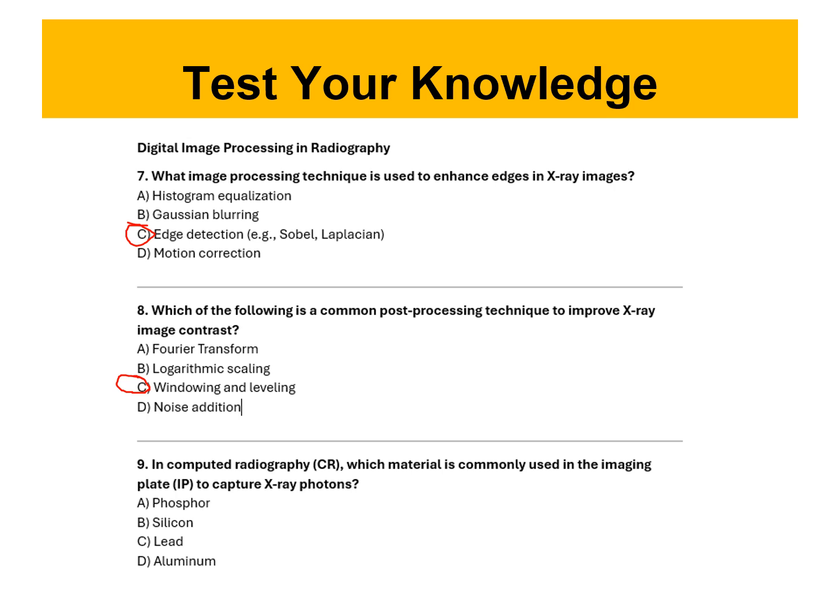Okay, in a computed tomograph, which is a CT scan, which material is commonly used in the imaging plate to capture X-ray photons? So if we would like to capture photons, I don't know if we know the chemistry about it, but it's the phosphor. The phosphor is the thing that captures a lot of energy because we need to collect energy.